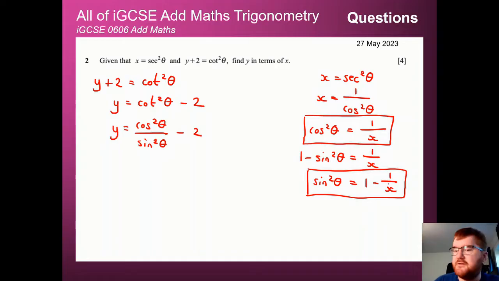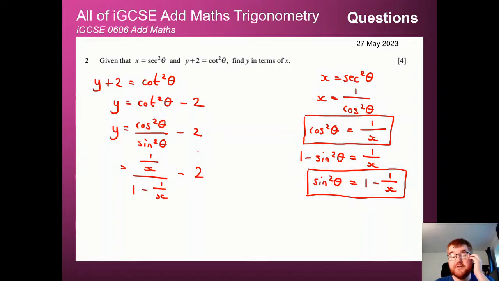And now we can substitute these two things in that we've already got here. So cos squared theta is equal to 1 over x, and sine squared theta is equal to 1 minus 1 over x. Okay, so this looks kind of untidy at the moment, but that's absolutely fine. You should be aware that the algebra might get very, very nice, in which case we just have to do a little bit of work on this.